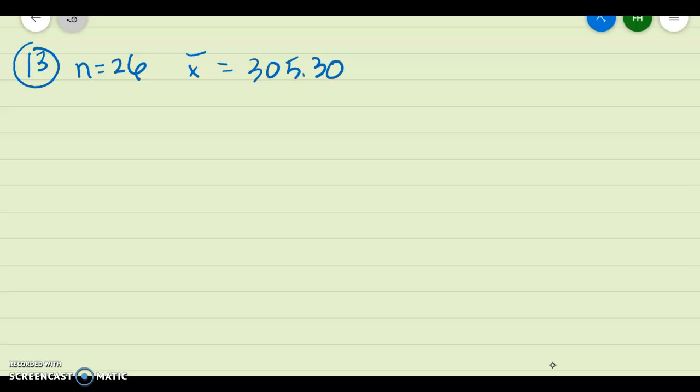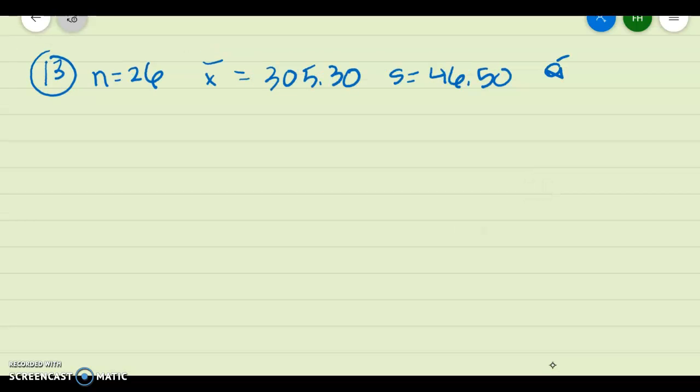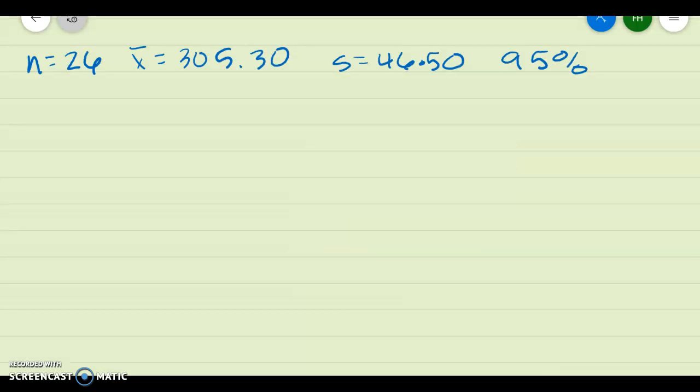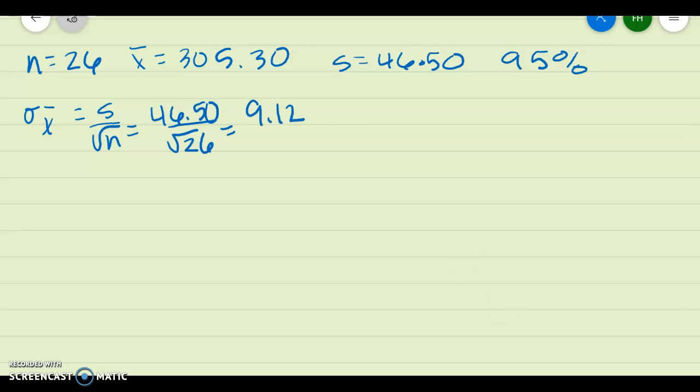And then we don't know the population standard deviation. We have the sample standard deviation, so another t-distribution. So we're doing a 95% interval. Our standard error of the mean is going to be the sample standard deviation, which is 4650, divided by the square root of 26, which we're going to round to 9.12.